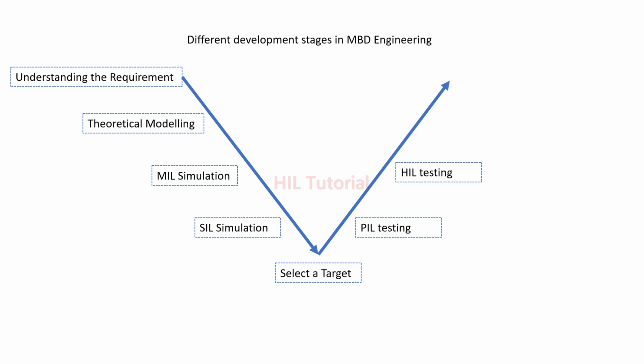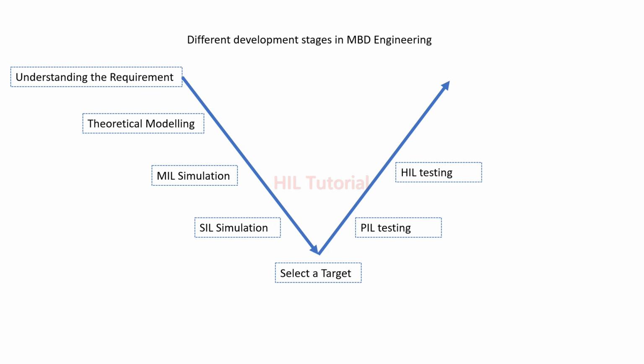Next is hardware in the loop testing. In this testing you will have a real-time simulator in which you will operate the plant in real time, and you will have your controller that is dumped into a microcontroller. These two different environments will co-simulate, and you will be able to check the functionalities of each and everything of your developed model in this stage.